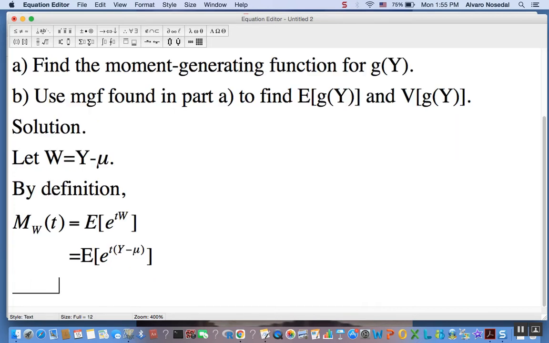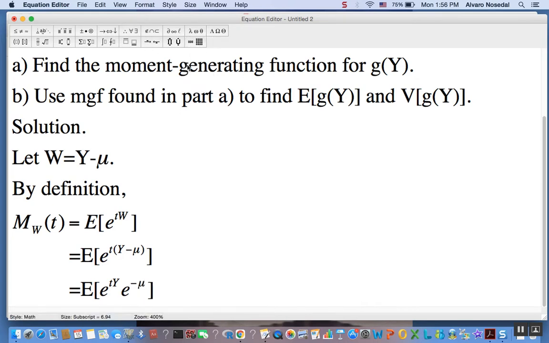Okay, now let me do a little bit of algebra here. We could re-express this as follows. This would be the expected value of e to the power ty times e to the power minus mu t.